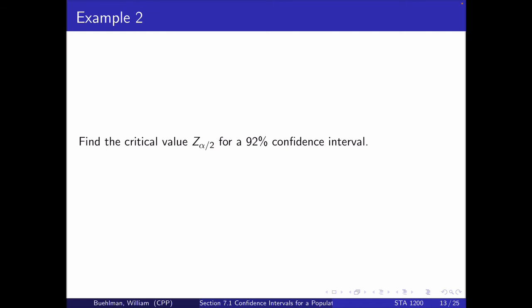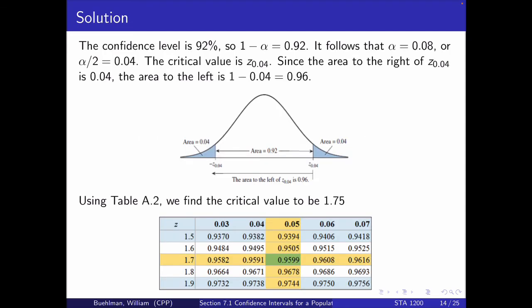Example 2. Find the critical value z sub alpha/2 for a 92% confidence interval. Again, the confidence level is 92%, so 1 minus alpha is equal to 0.92. It follows that alpha must be 0.08, and alpha divided by 2 is 0.04.